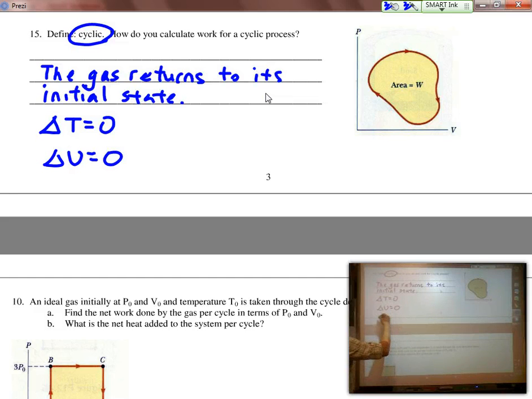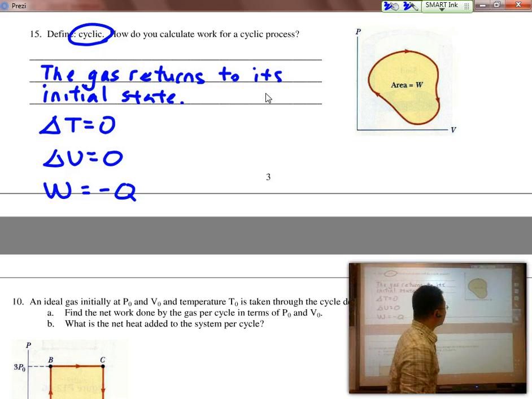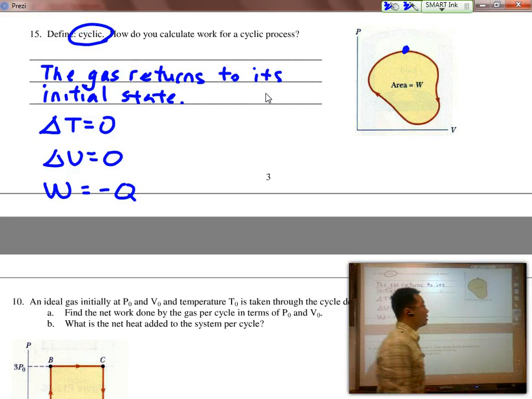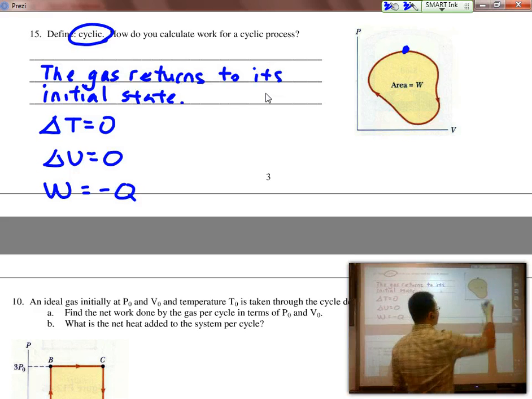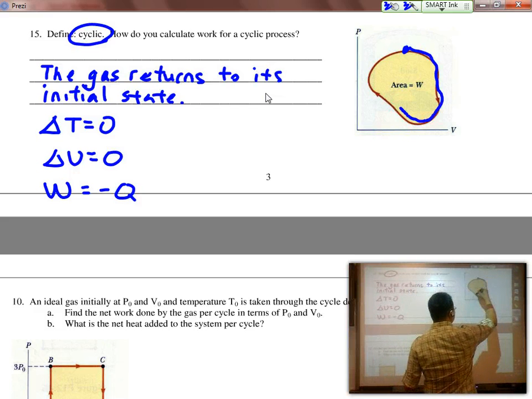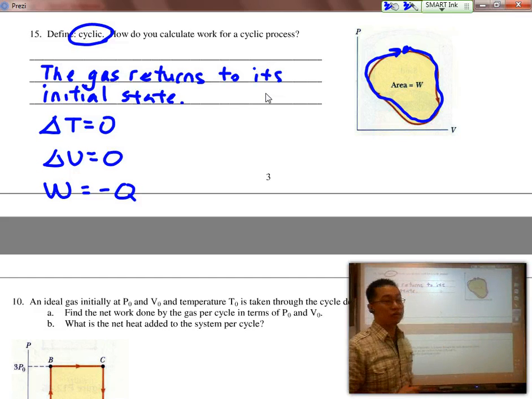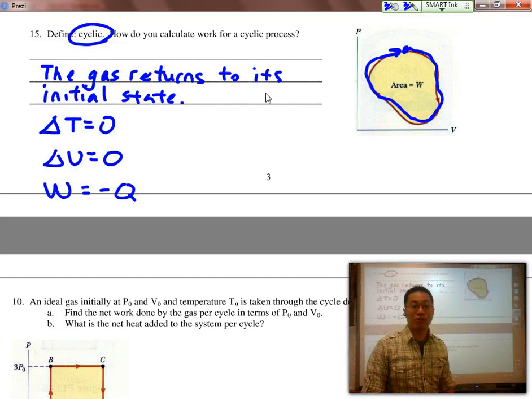And in this case, again, any work done would therefore equal negative Q. So if I were to start with my location over here, that means using a process of heating and cooling, I would expand the gas and cool off the gas until it went all the way around back to its initial location and back to its initial temperature.